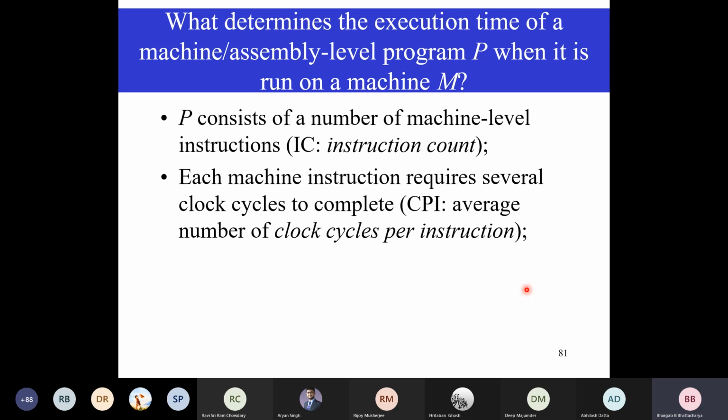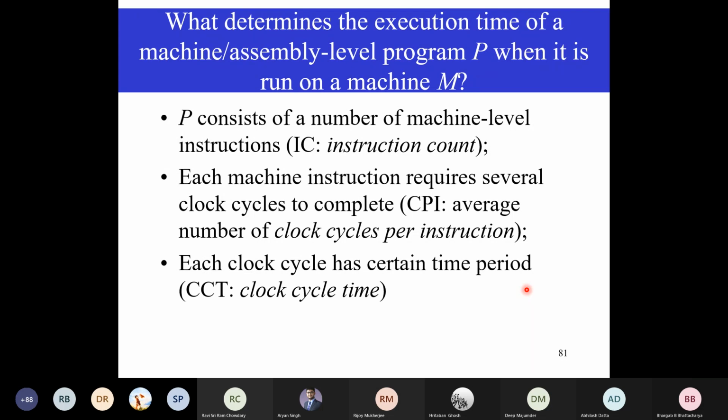What else? I want to compute the CPU time. The time required for one clock cycle in seconds. Yes, and that is called clock cycle time, CCT. Each clock cycle has a certain time period, and this is called clock cycle time, CCT.